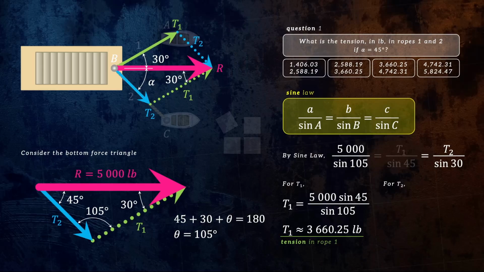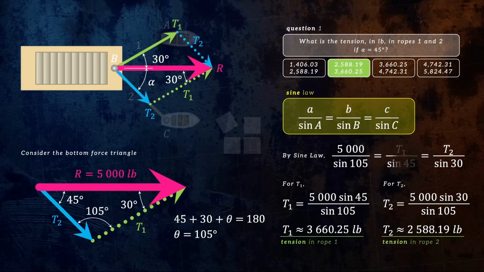Doing so will cancel the sine 30 at the right term where T2 is, which will leave us with T2 equals 5,000 times sine 30, which again is the sine 30 I just multiplied at the left term and brought up at the numerator, over sine 105. Solving now for T2 will give you a value approximately equal to 2,588.19 pounds. And this is the tension in rope 2.